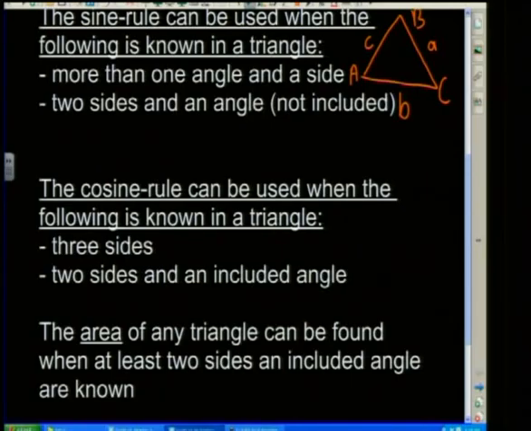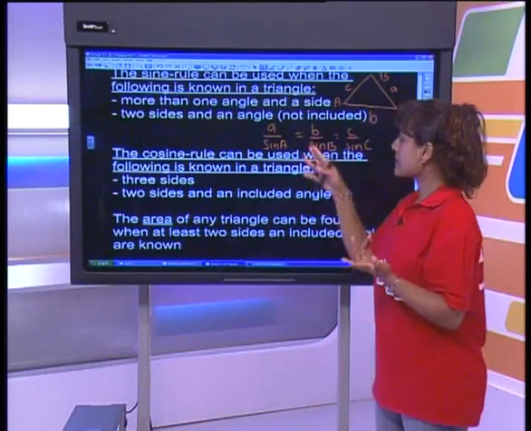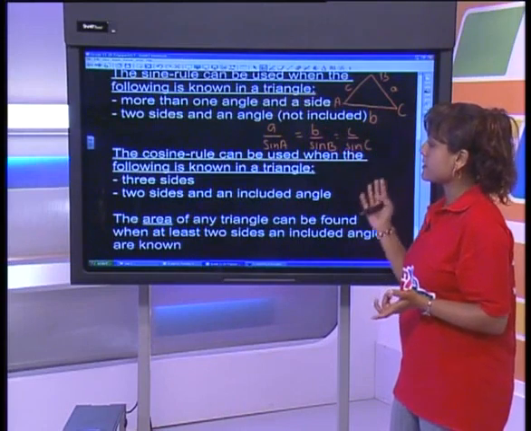The formula for the sine rule is a over sine A is equal to b over sine B is equal to c over sine C. Now, it's just force of habit that I always start with the sides on the top, but you can swap this formula around and say sine A over a is equal to sine B over b is equal to sine C over c.